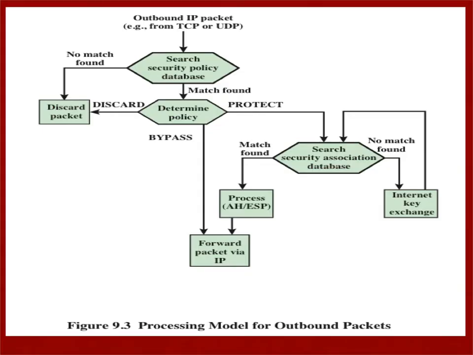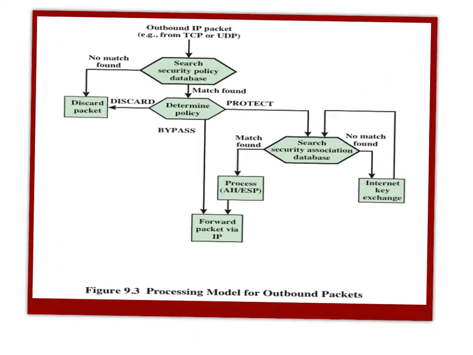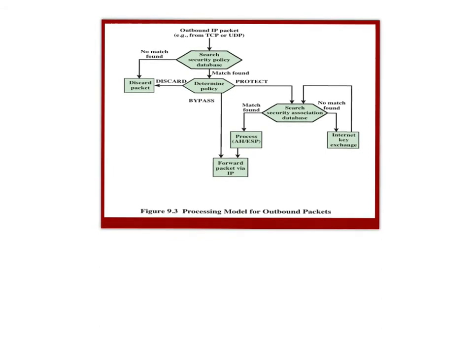So how does the logic work? Here we have the two flow charts. We have a host or a router here, and there is incoming traffic, which we call outbound traffic. The logic for this outbound traffic follows this flow chart.